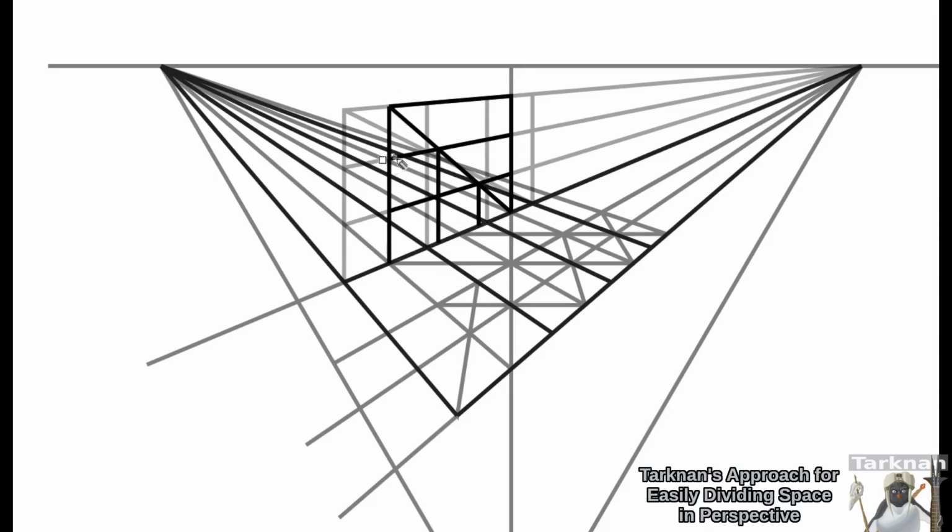Taking the horizontals going to the right vanishing point, I cut a diagonal in this new square, and where that diagonal intersects these horizontals, I take them back to the original square.